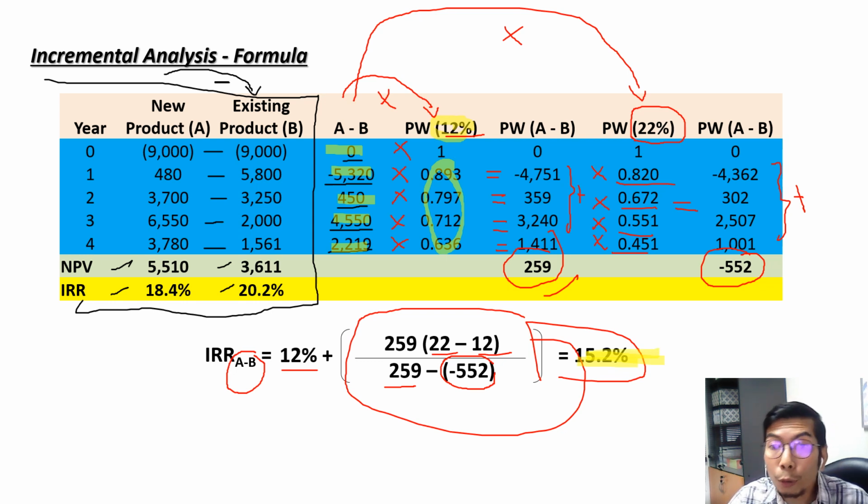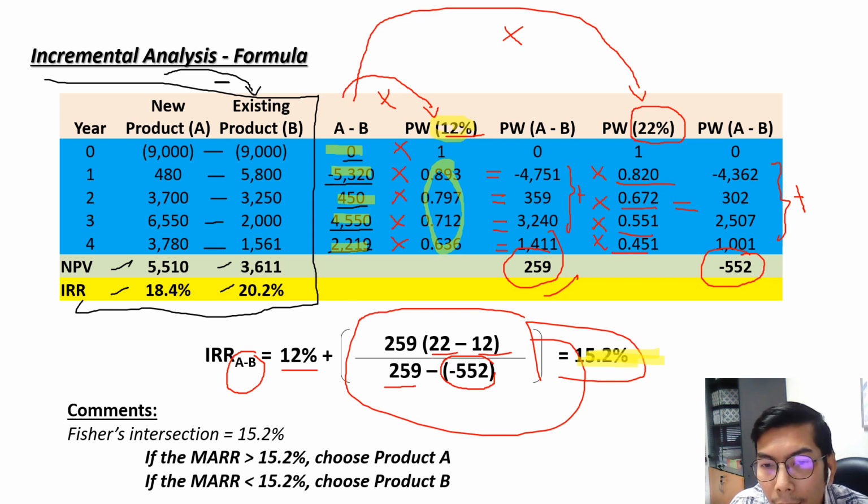So how you're going to pick based on this incremental analysis, you need to base on this rule of thumb, selection rules dia.